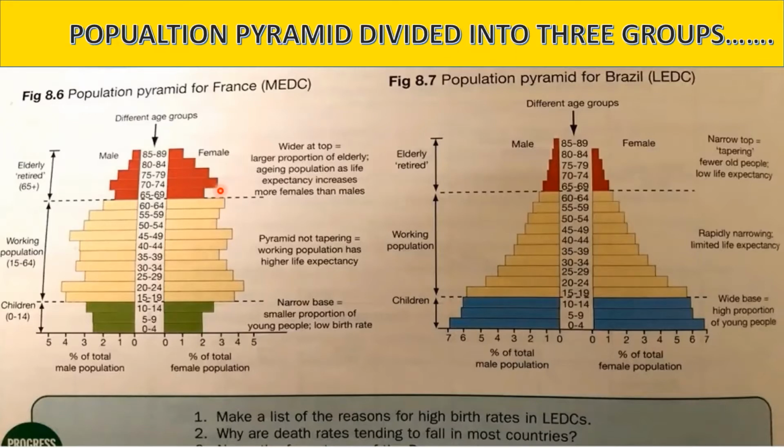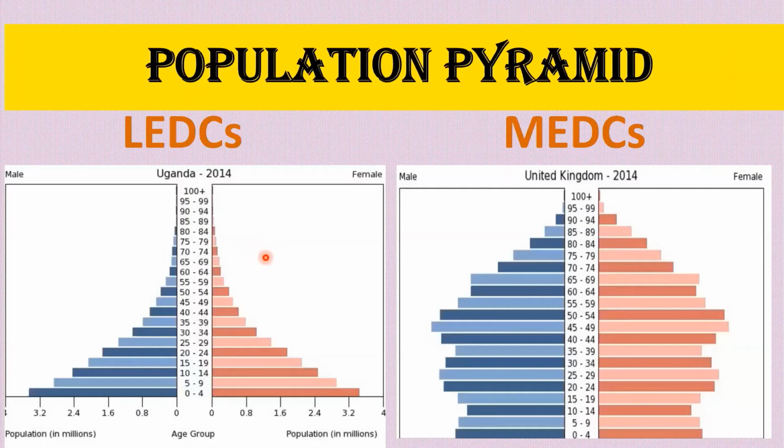A convex slope or bulging sides suggest low death rates in developed countries. Have a look at the population pyramid of LEDC and MEDC.